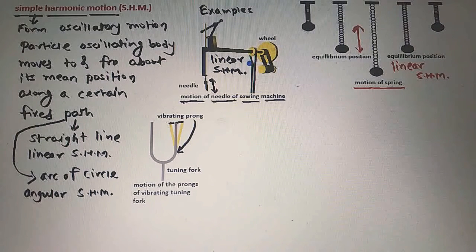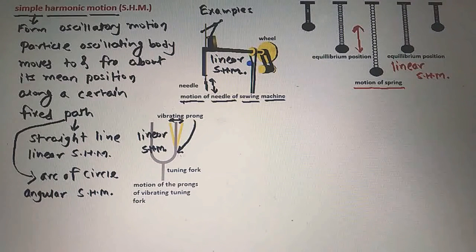So this is also a to and fro motion, and the oscillating body moves to and fro in a straight line.